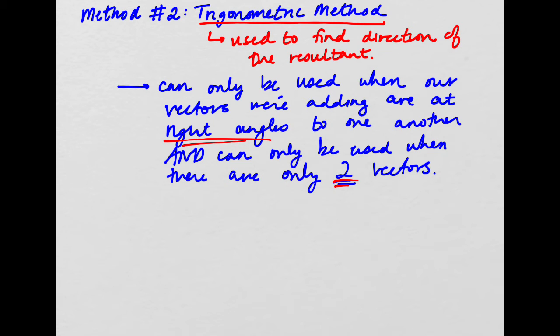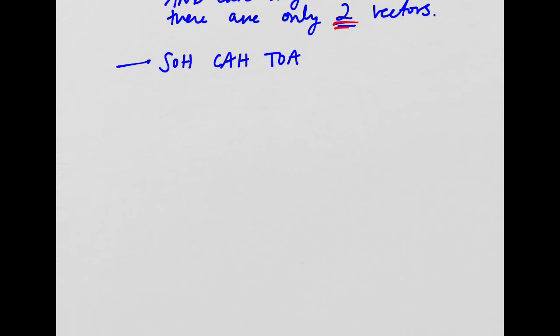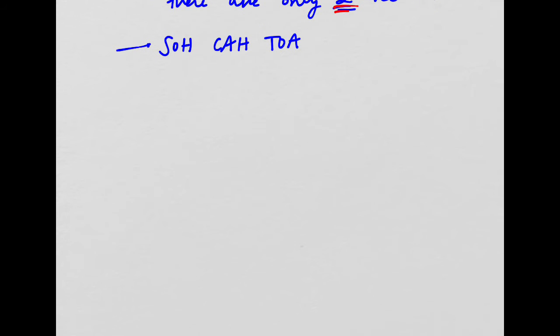Okay, so if we have two vectors and they are at right angles, we can use SOHCAHTOA. This is trigonometry, which you've definitely done before.